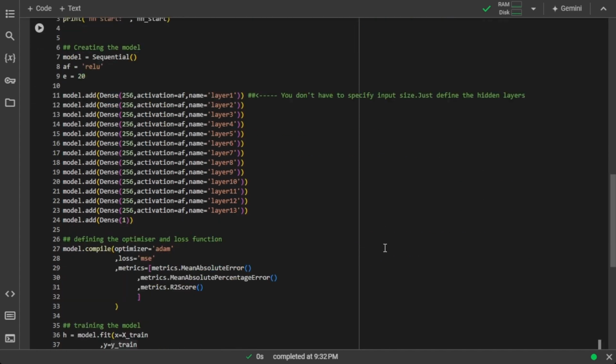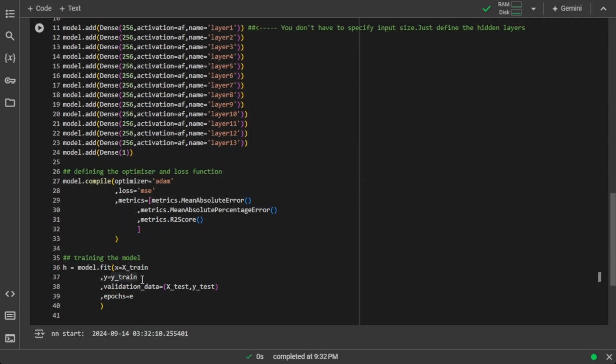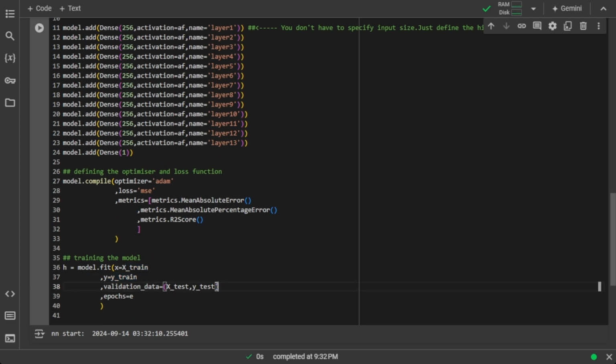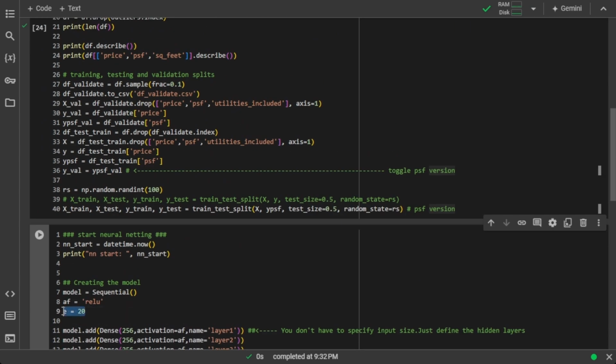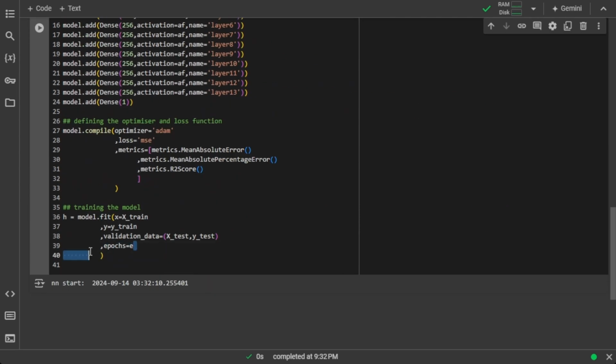Okay, so that's what we're measuring. Our validation, again, is going to be a 50-50 split between train and validation, and we're going to run through them 20 times. So what are the epochs? Again, that's this 20 that I set up here, but what exactly is that? It's kind of like if you were doing your real estate modeling the traditional way, and you were doing a regression, each regression that you're doing is kind of like an epoch.